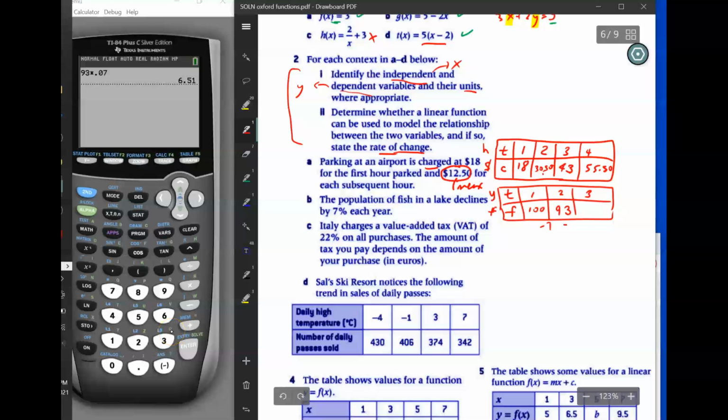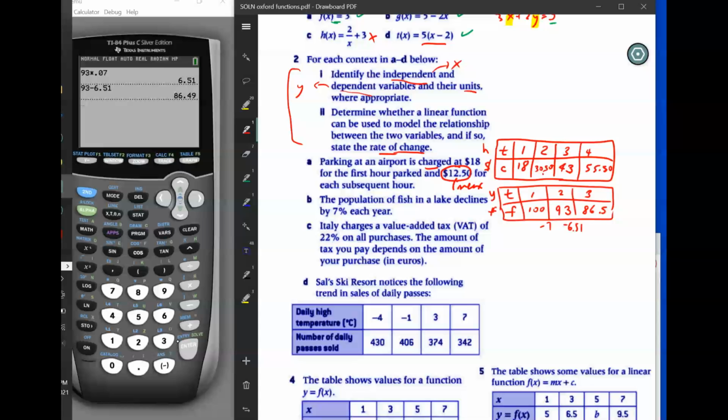Now we subtract 6.51: 93 minus 6.51 is about 86.5. Okay? So in this particular case, is this linear? No, because first we subtracted 7, then we subtracted 6.51. Obviously not linear. Okay? What about case C?